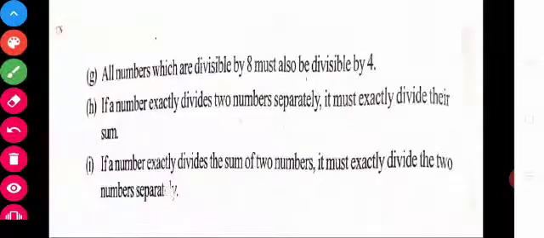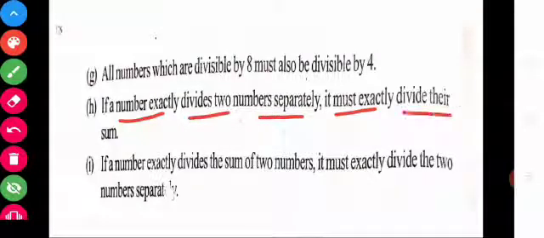Read the next one. All numbers which are divisible by 8 must also be divisible by 4. The statement is true. And the next one. If a number exactly divides two numbers separately, it must exactly divide their sum.